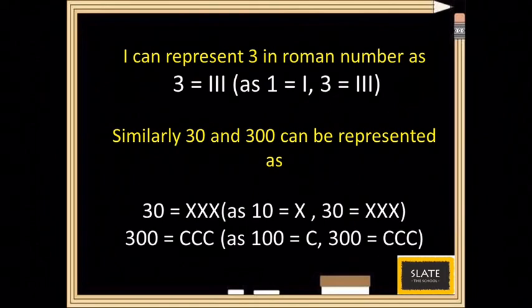I can represent 3 in Roman number as 3 is equal to III, as 1 is equal to I. Similarly, 30 and 300 can be represented as 30 is equal to XXX, as 10 is equal to X. 300 is equal to CCC, as 100 is equal to C. So, 300 will be CCC.